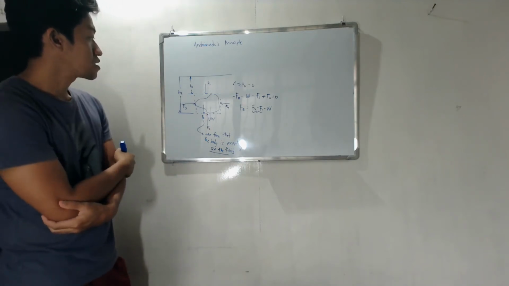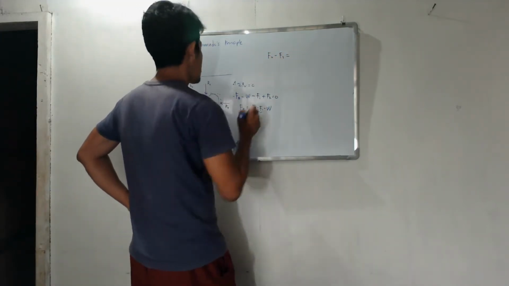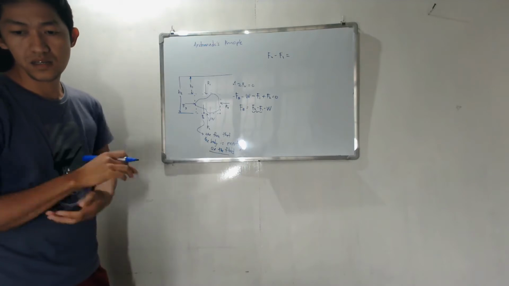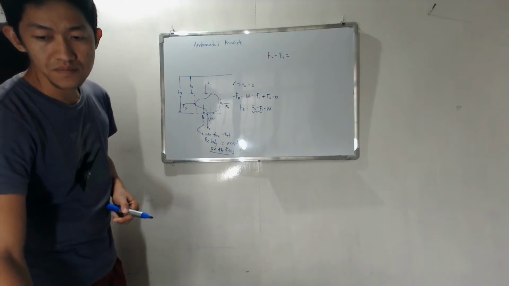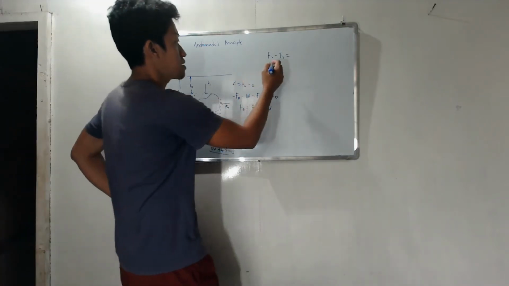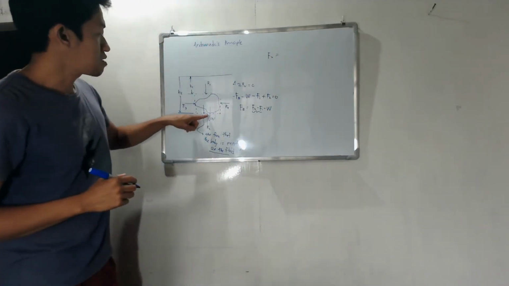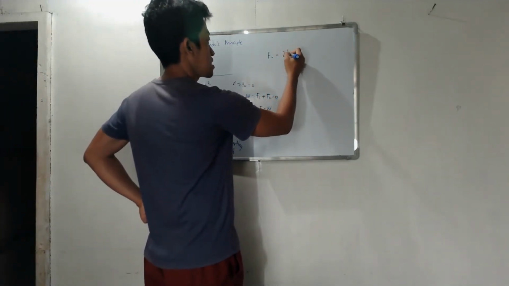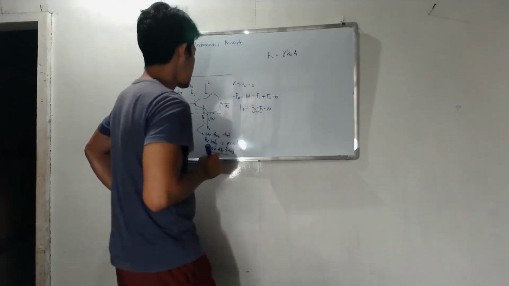Therefore, F2 minus F1: F2 is just the force, which is pressure times surface area, so that is gamma H2 times area.